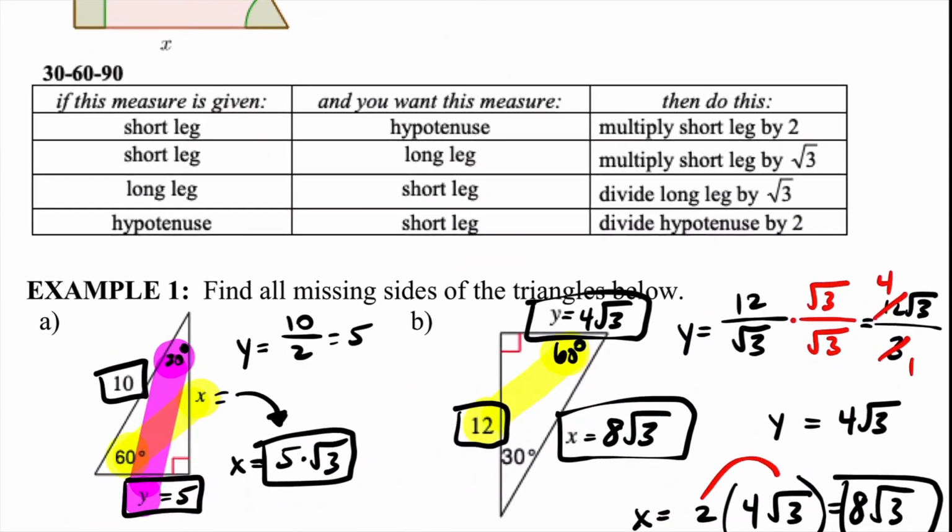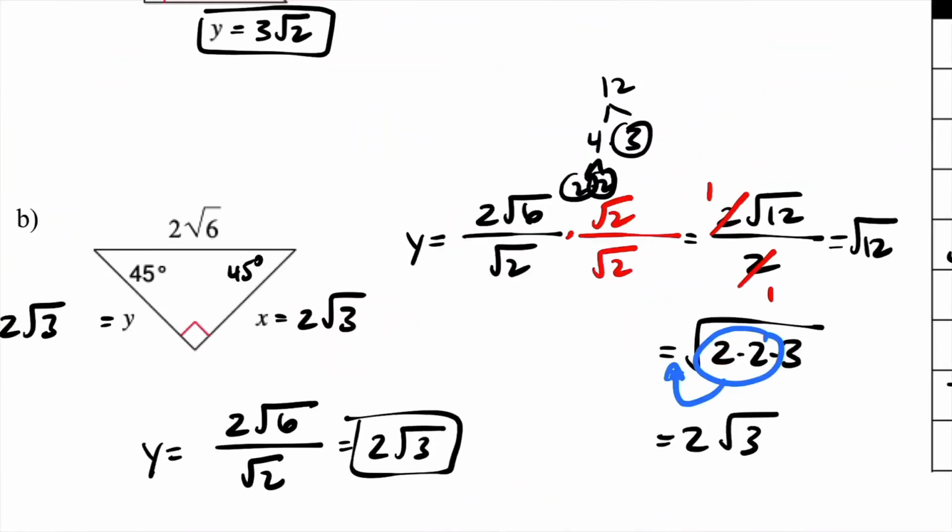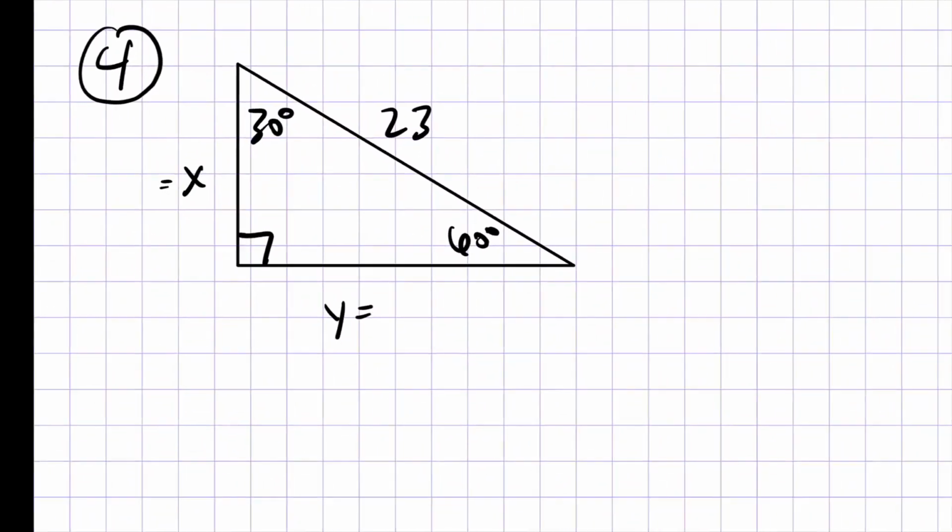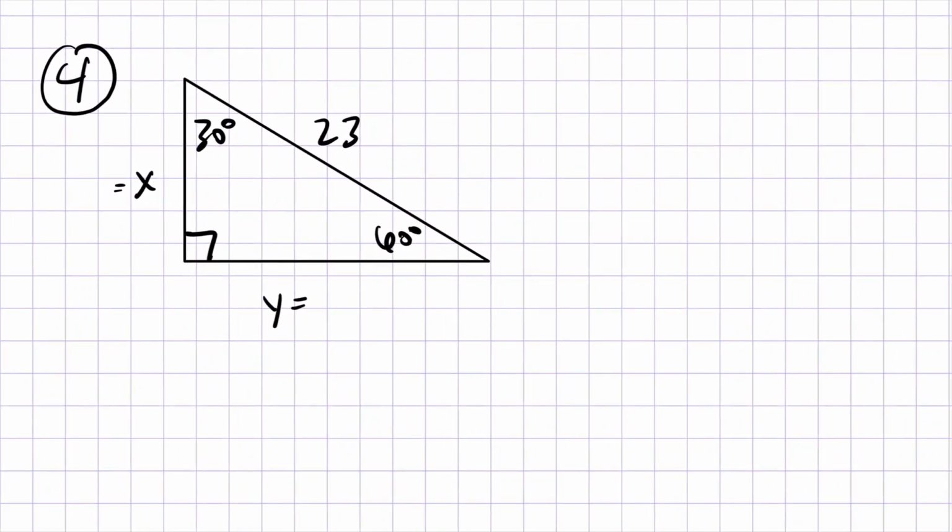All right, so let's see. If you're given the hypotenuse, to find the short leg, you divide by 2. Divide the hypotenuse by 2, and that'll get you the short leg. Which one is the short leg, x or y?